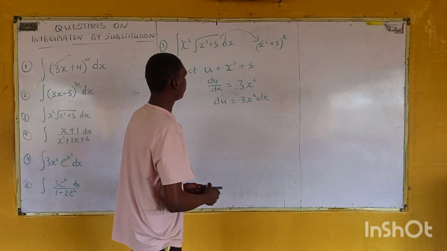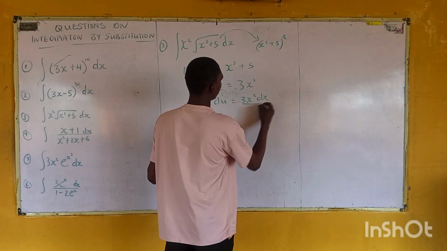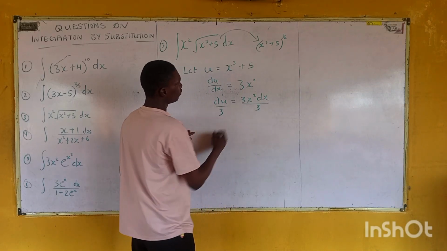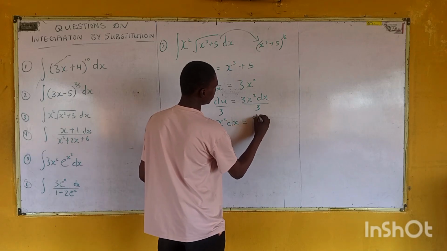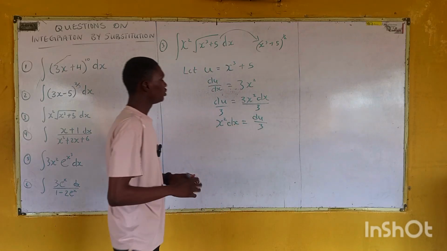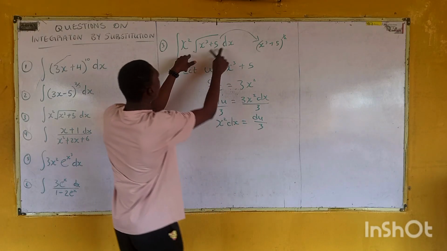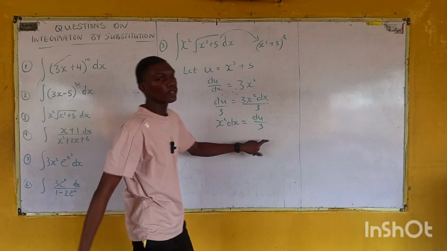So now we can divide both sides by 3. Now x squared dx is represented using du over 3. So we've represented what is outside the brackets as du over 3.